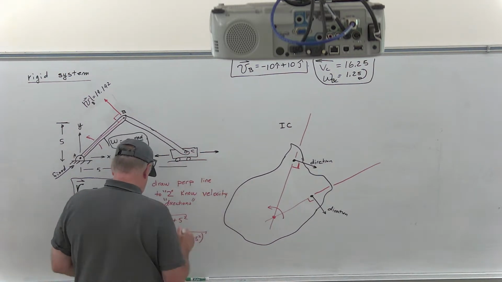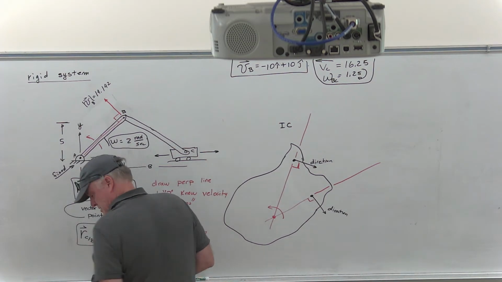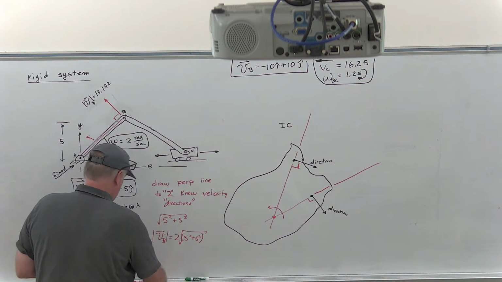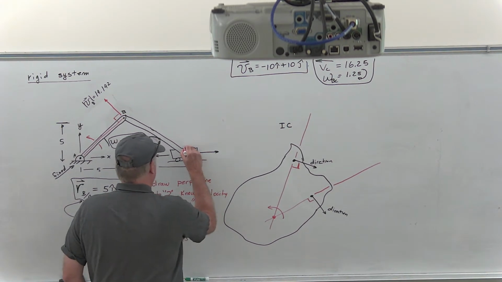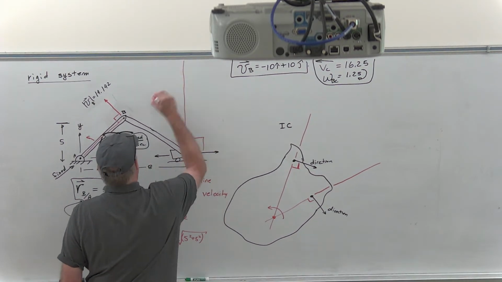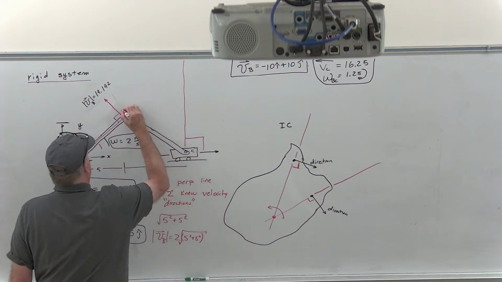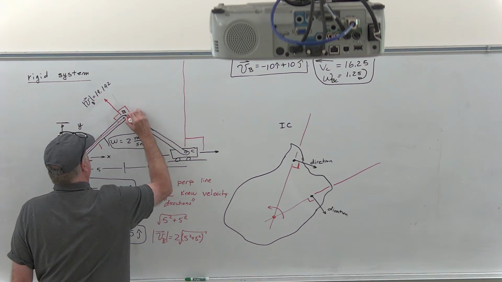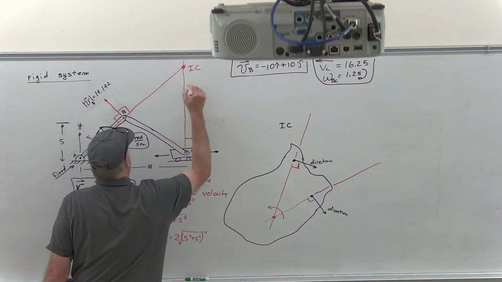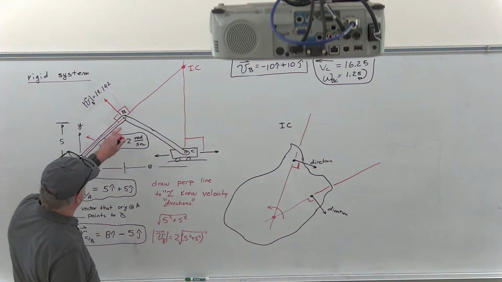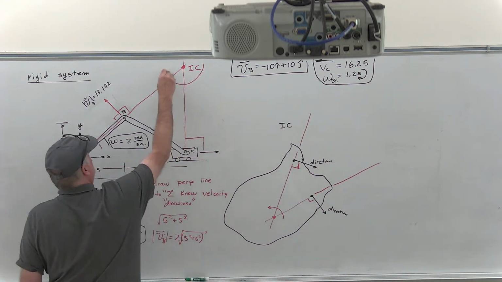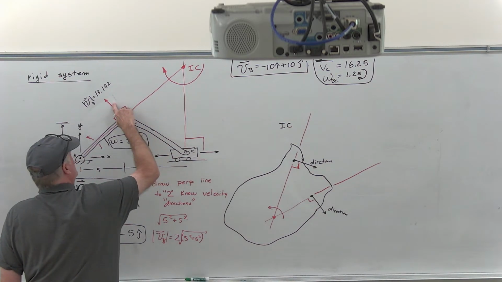If I draw a perpendicular to it, and just extend that line off, and I draw a perpendicular to this one, and extend that line off, this link appears to be rotating about that spot. And to me, it looks like it's rotating that way, because I do know that one's direction.